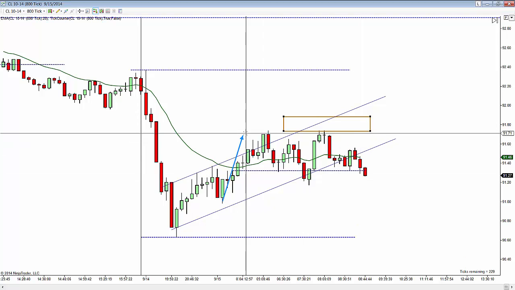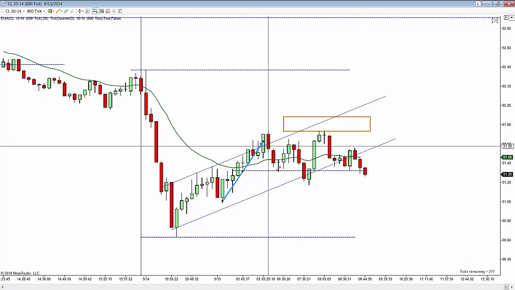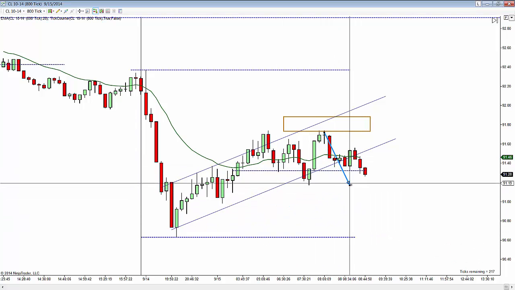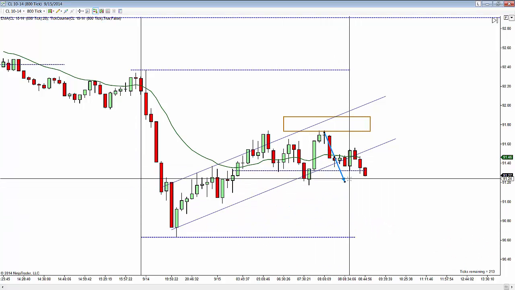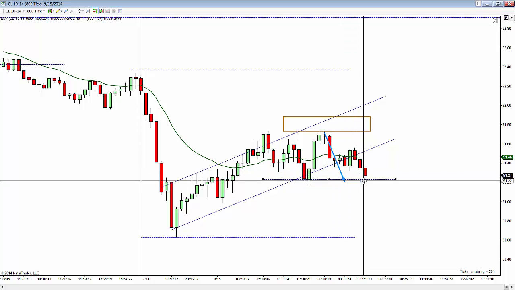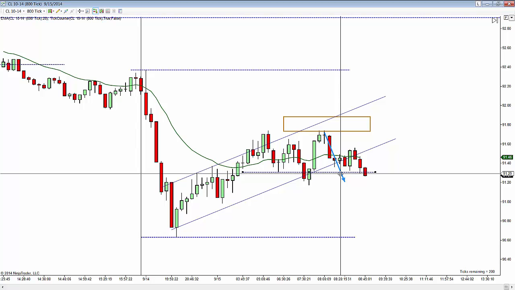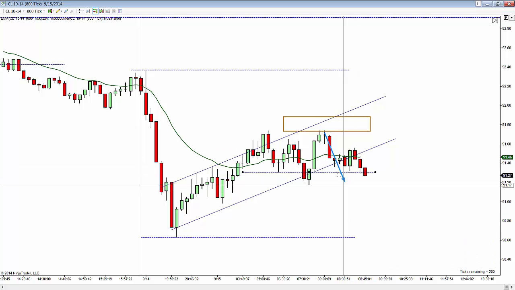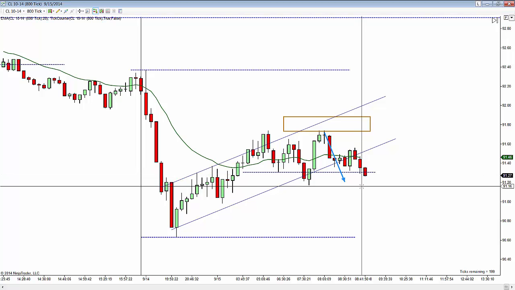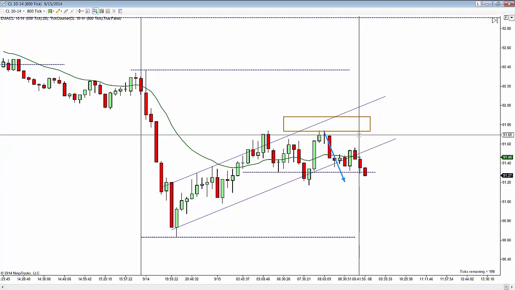So now we're looking at whether this is more of a pullback or the bottom of a tight trading range. Down to here, depending on how price reacts right at these double bottoms or this area, this could be more of a tight trading range. And on a range, you try to fade the highs and fade the lows.